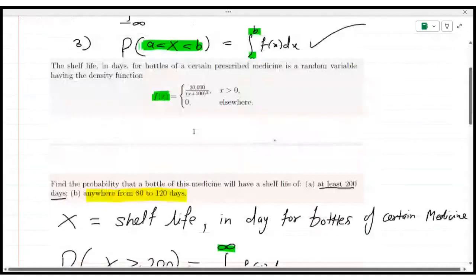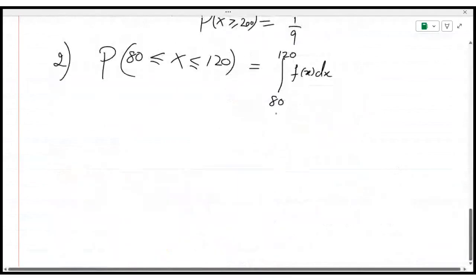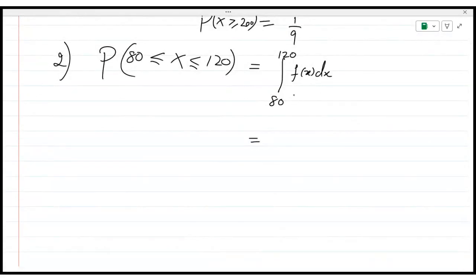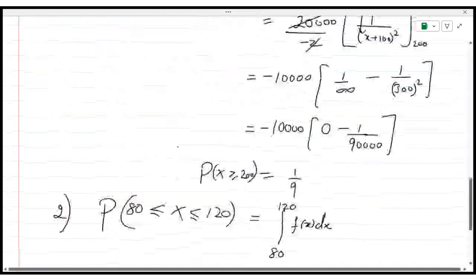Okay, so now we are doing the integral from 80 to 120. Students, because this function is the same, we have already done the integration of the same function in the first part. Only limits are different here. The rest of the function is the same. The probability density function is the same, so the integral will also be the same. So what was the integral that we got in the first part?